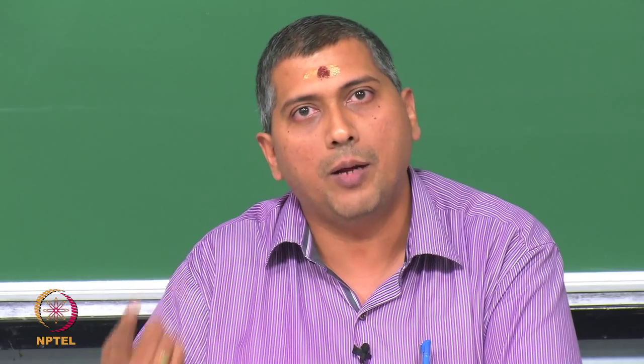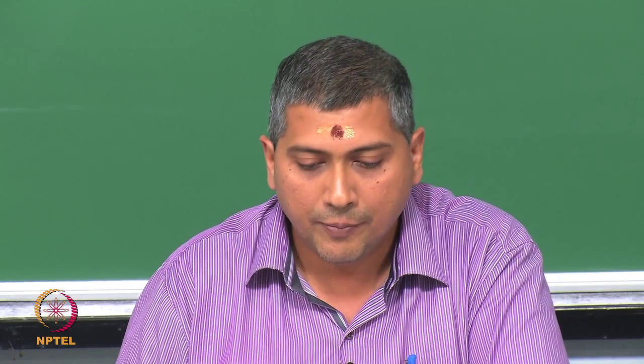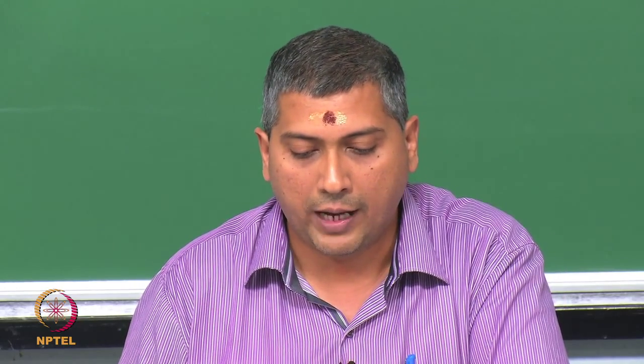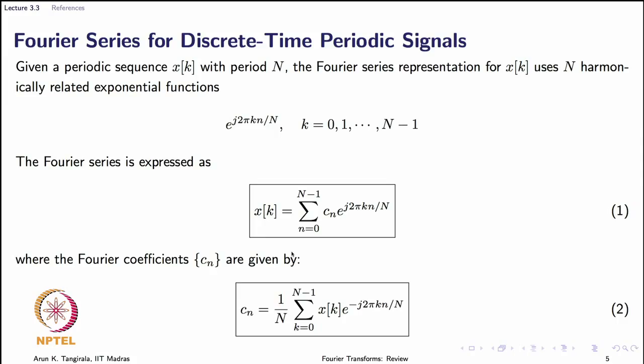I need to just write one piece of code, all I have to do is have this factor 1 over N, or not, and just switch the sign of j. In many textbooks you will see in place of 1 over N you would have 1 over root N in the Fourier series expansion and a 1 over root N here, so that the similarity is much stronger, and on a lighter note it helps us in memorizing the analysis and synthesis equations in an easy manner.